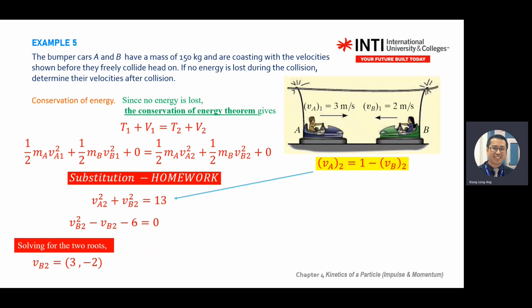Negative 2? So the final answer is what? After collision, what is the velocity of B? 3 or minus 2? Yes, minus 2. Then what happened to 3? What do I mean by 3?